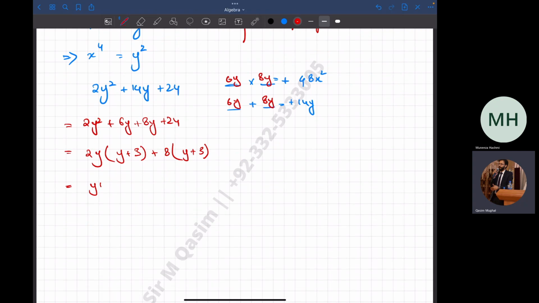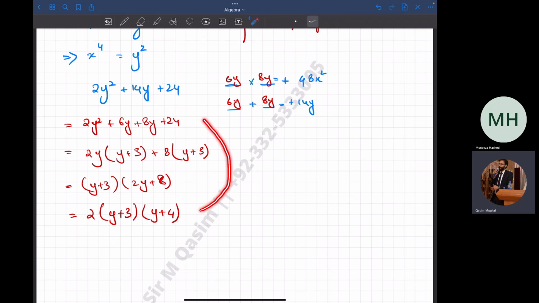Now y plus 3 is common, and then you will have 2y plus 8. Now if you look carefully, I can factorize this one further. There are two terms with a positive sign, so we can take 2 as common. That's going to give us 2 times y plus 3 times y plus 4.